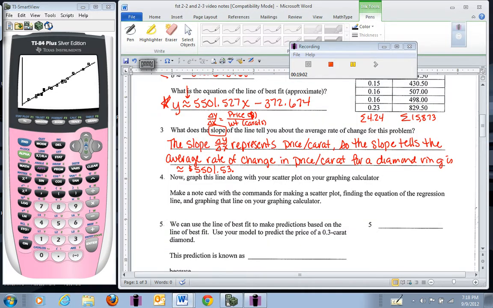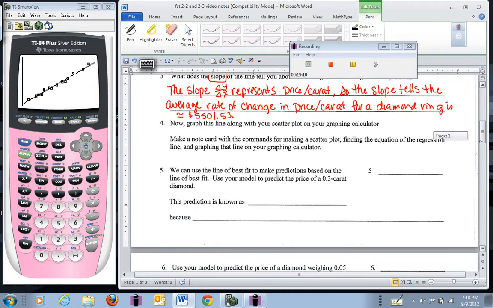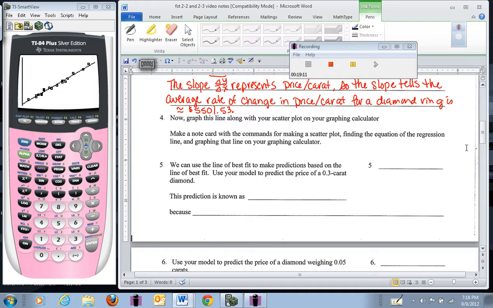Now what we're going to do is number 5. It says we can use this line of best fit to make predictions. You're going to use your model to predict the price of a 3/10 carat diamond. When you hit your trace button, what you're going to notice first is where it says P1 colon L1 comma L2.